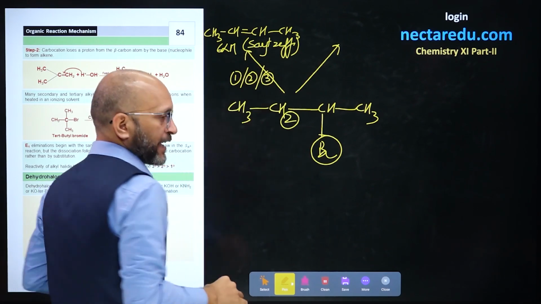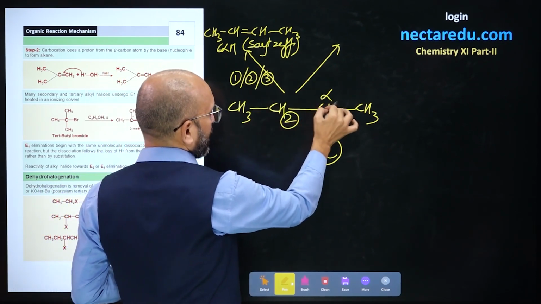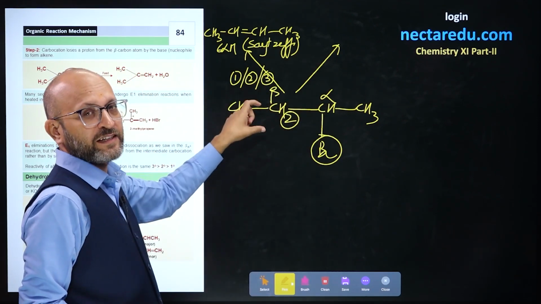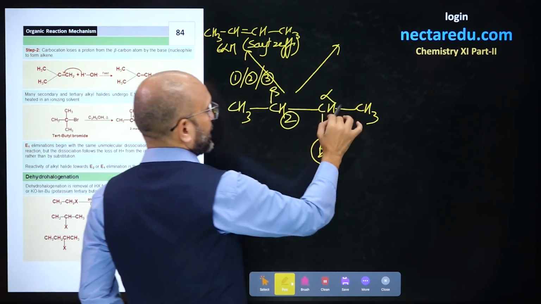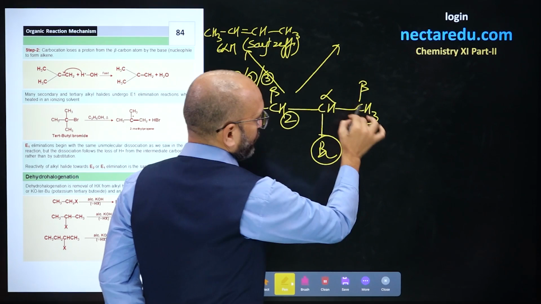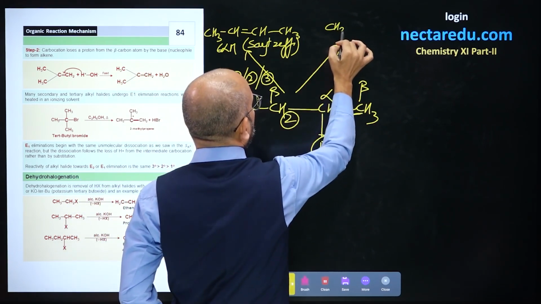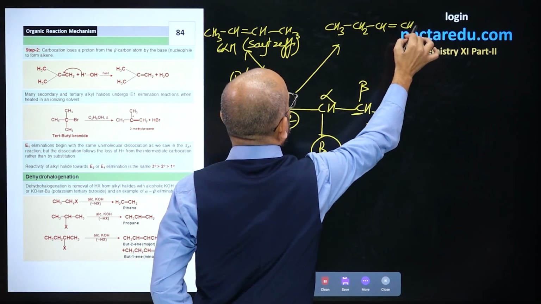A minor product can also be produced where hydrogen is removed from the other side. This is the alpha carbon and this is beta. Hydrogen is removed from the beta carbon, which is why this elimination is known as beta elimination. This is also beta. If hydrogen was removed from this, the product you will get is CH3, CH2, CH double bond CH2.